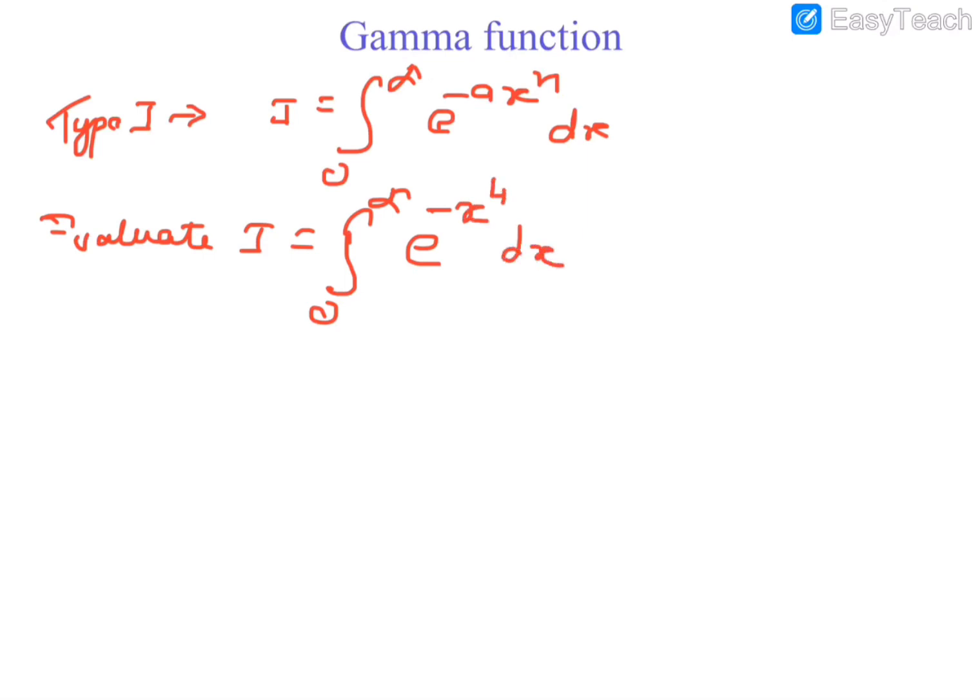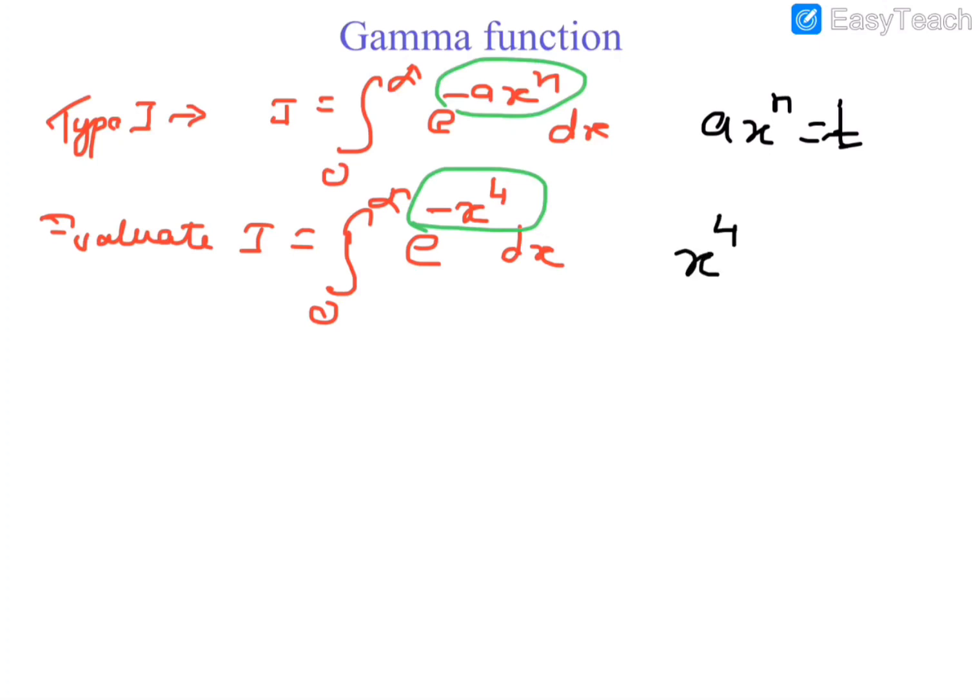You can easily say this is a type 1 question, where e raised to the power something is present. I have already told you the method of substitution in type 1: a x raised to the power n is taken as t. So here, x raised to the power 4 will be taken as t.